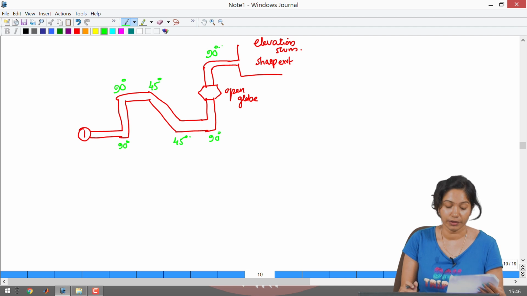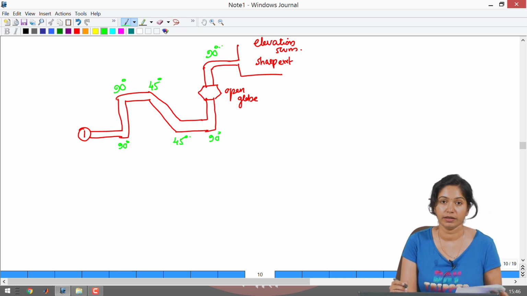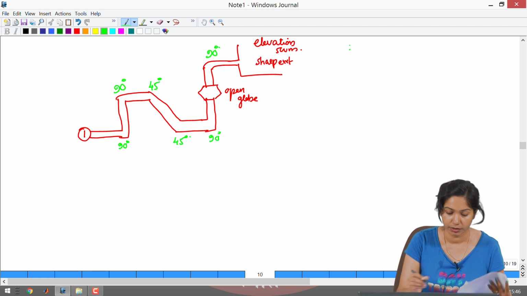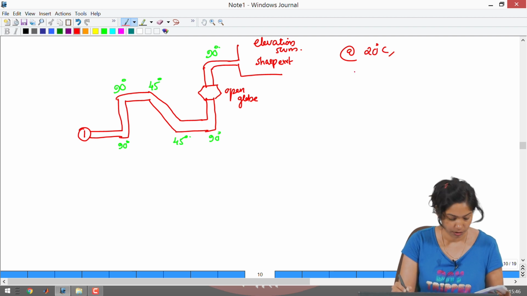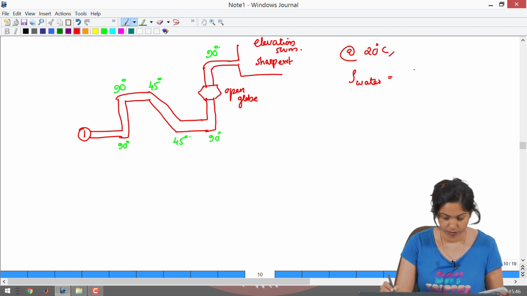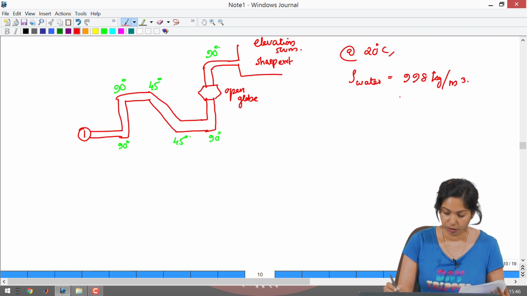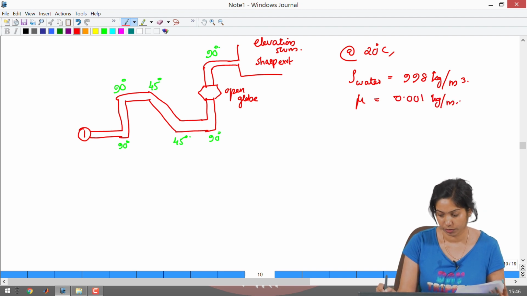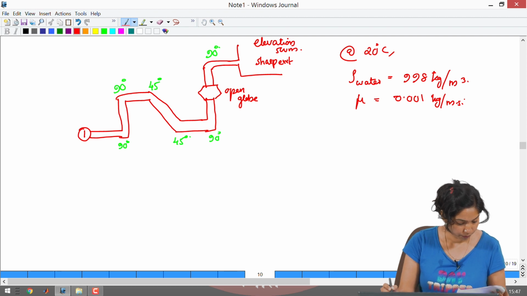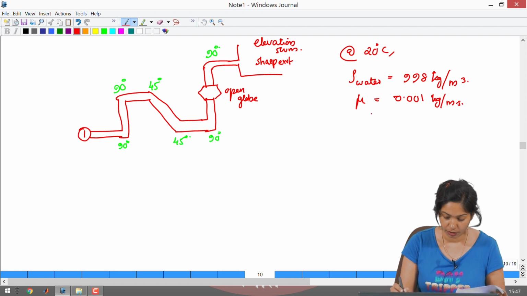For water at 20 degree Celsius, we can take the density of water as 998 kilogram per meter cube, and the viscosity equal to 0.001 kilogram per meter second. For cast iron, we can take the roughness as epsilon equal to 0.26 millimeter.